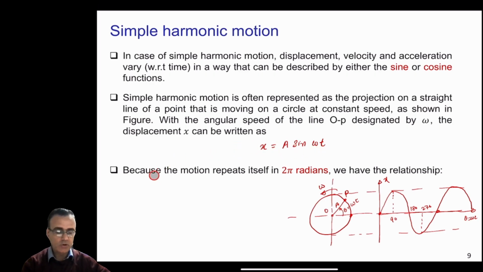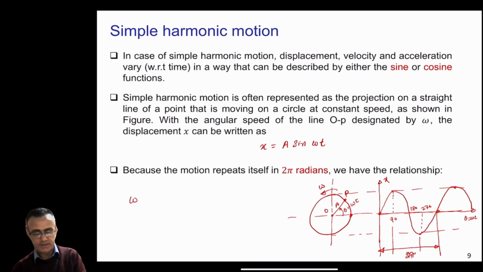Now because the motion repeats itself in 2 pi radians, from here to here, this is 2 pi radians. So this means that this motion repeats itself in 2 pi radians.